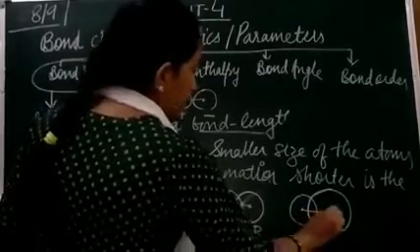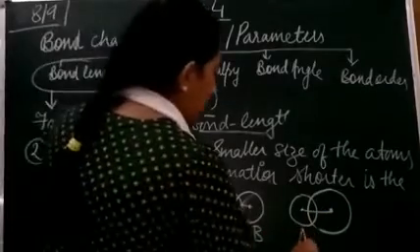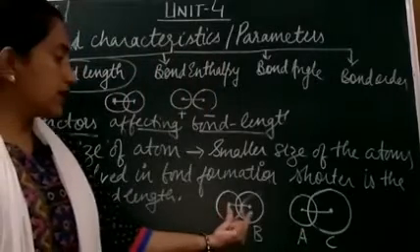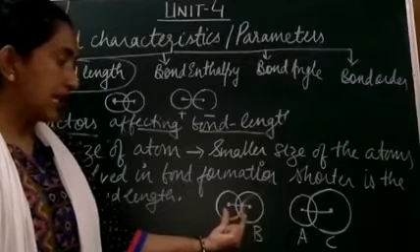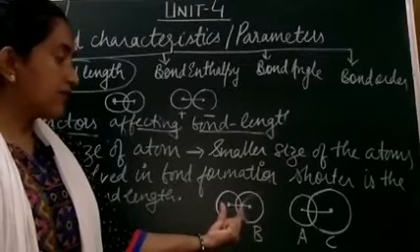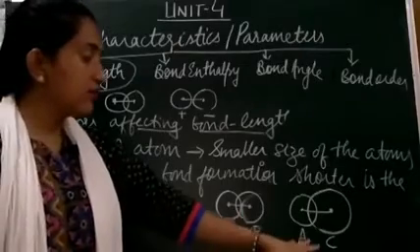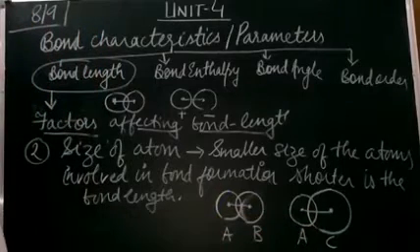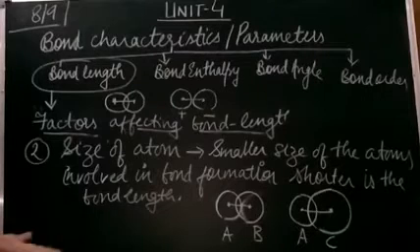You can easily find that this is A only and this is C. So here the bond length between the two nuclei of AB is shorter since the size of the atoms involved in the bond formation is small, whereas the bond length is more when the size of the atoms involved is big. If both the atoms are big in size, then the bond length is going to be bigger.